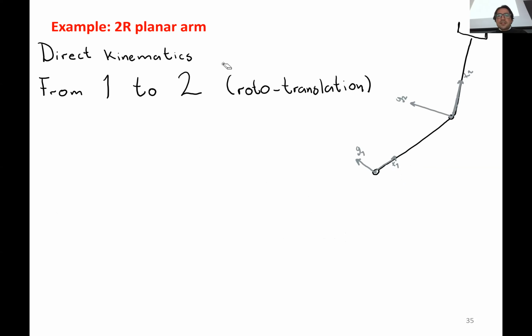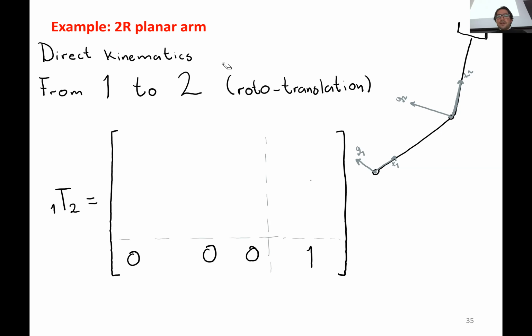Okay, then let's see from 1 to 2. So it's a roto-translation. I'm going to put here what we already know, which is the bottom row of the matrix, and we have a rotation of q2 from the joint axis of the predecessor link, which is 1, to the link that we care about.